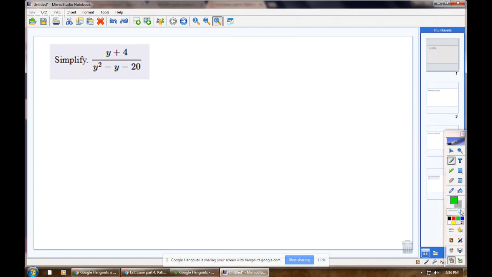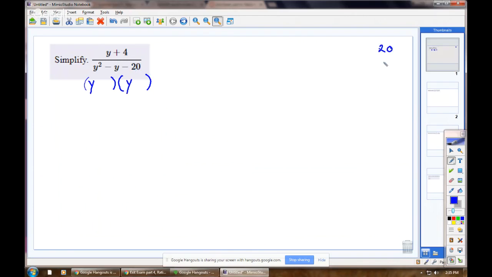In order to proceed on this, I have to be able to factor the numerator and/or the denominator. So let's give it a try. The numerator, y plus 4, is as simple as it gets. But the denominator, you guys should be masters of stuff like this. My hope is you'll look at this and guess that it factors as a pair of binomials, y times y. Now 20 could be a bunch of different options.